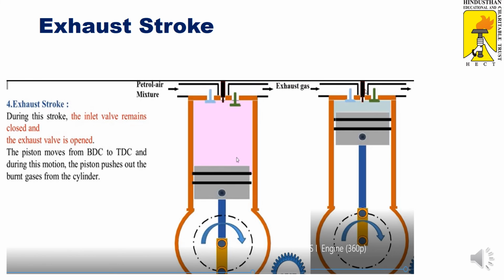Similarly here, the hot high pressure gas is exposed to the atmosphere through the silencer. At that time the piston moves from bottom dead center to top dead center, so the remaining combustion gases inside are moved to the atmosphere.